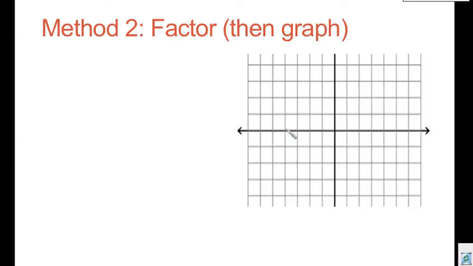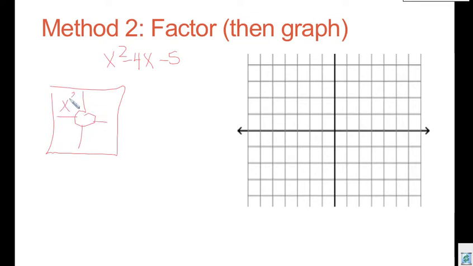We can also solve this by factoring. If we would have factored this, meaning we have done our box and circle business, we'd end up with the same thing. x squared, negative 4x, negative 5. So a times c is negative 5, so it's got to be negative 5 and 1. We have x and x, minus 5 plus 1.